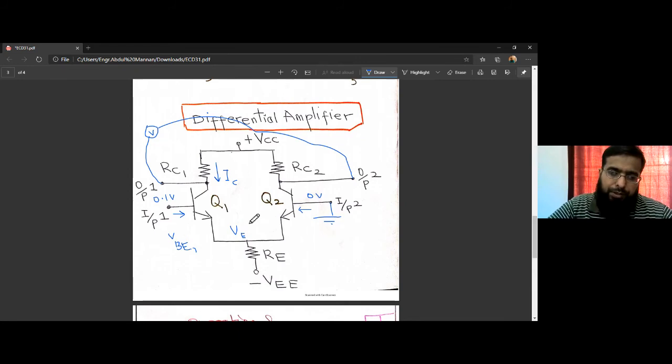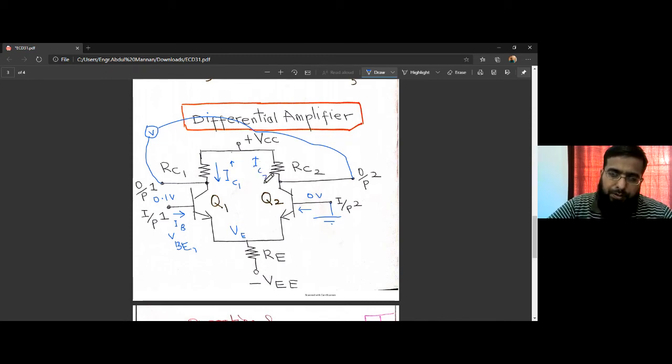So that increased IB would cause an increased IC. So IC would also increase. So IC1 would be larger than IC2.